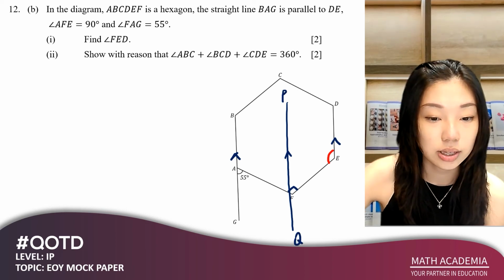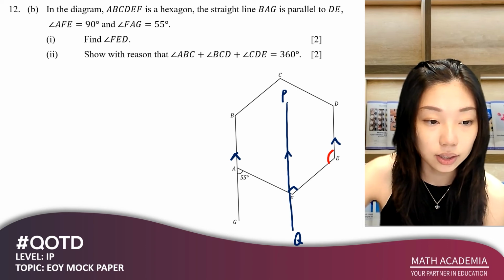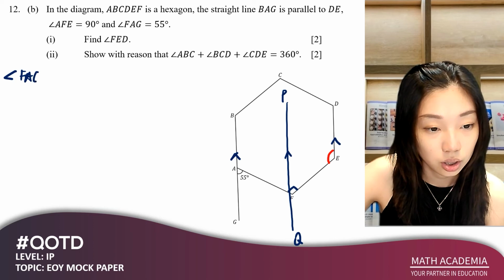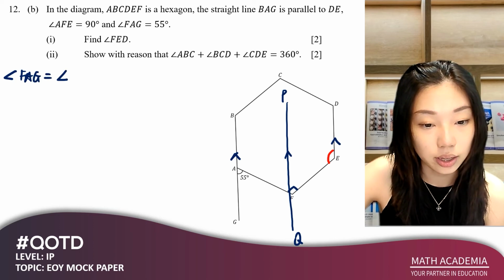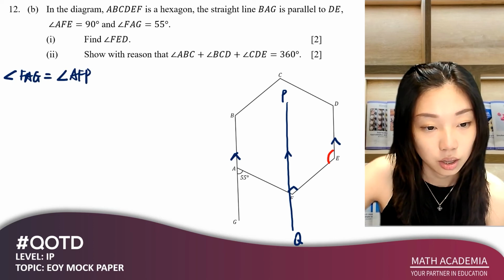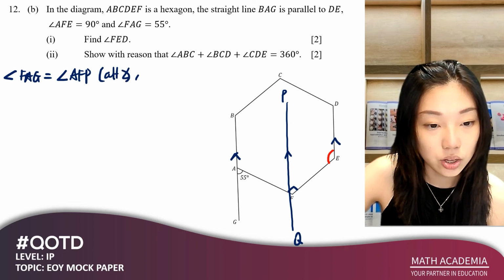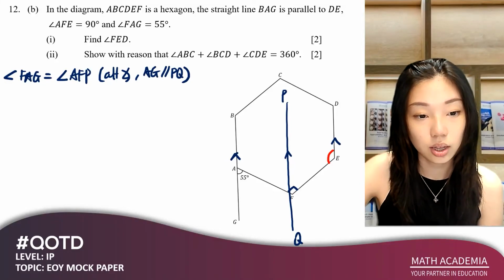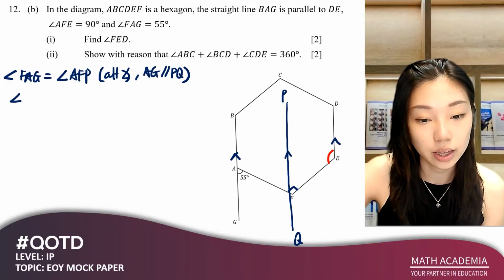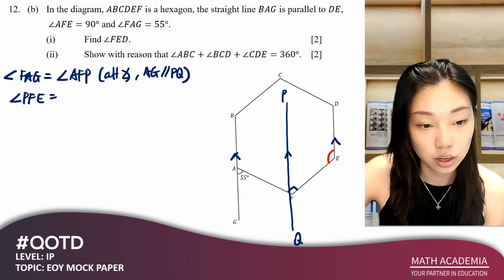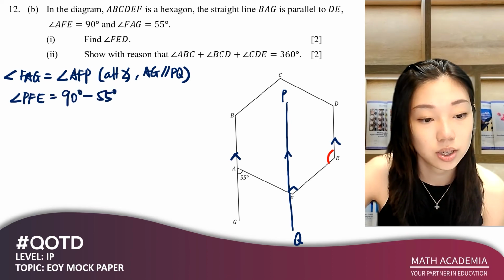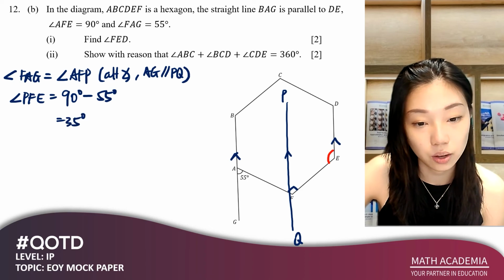I know that angle AFP equals angle FAG, because they are alternate angles where AG is parallel to PQ. From here we can find angle PFE by taking 90 degrees minus 55 degrees, and that gives me 35 degrees.